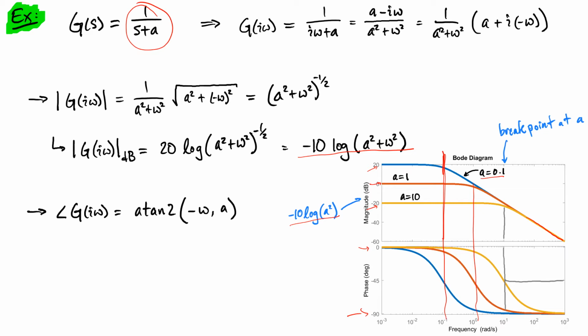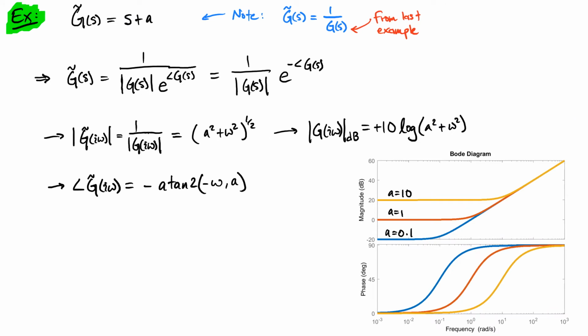So it's a consistent refrain that a pole, so 1 over s, or 1 over s plus a, or our other version of our pole that we had before, leads to a phase lag. And so that's indicated by this minus 90. So you lose phase by adding a pole. And the opposite is true, what we're going to see next, which is this corresponding 0, s plus a, you always gain phase.